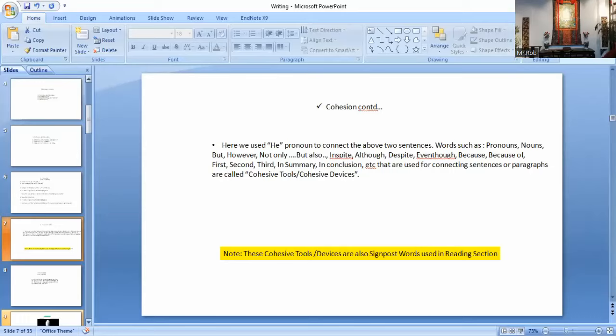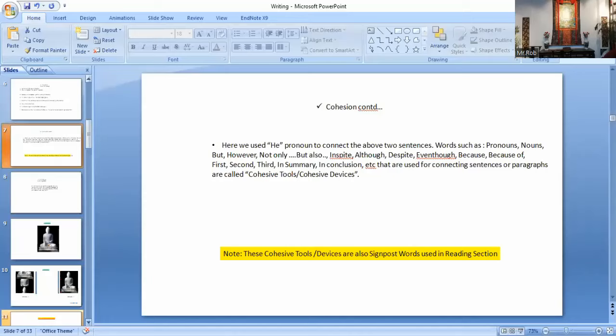Note, these cohesive tools or devices are also signpost words used in reading sections. Okay?